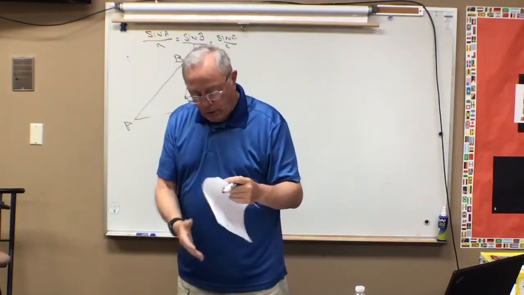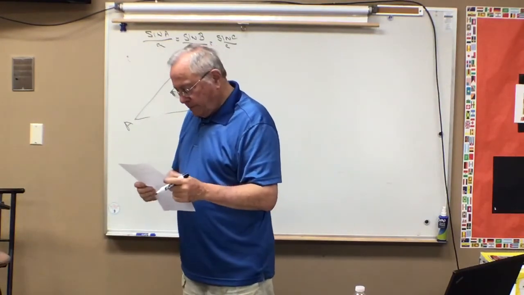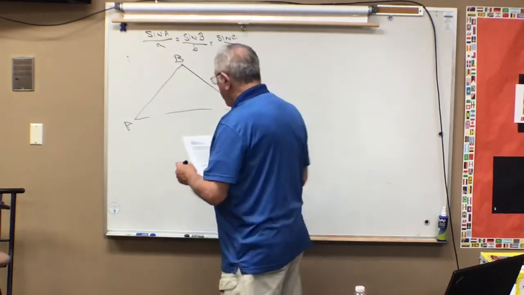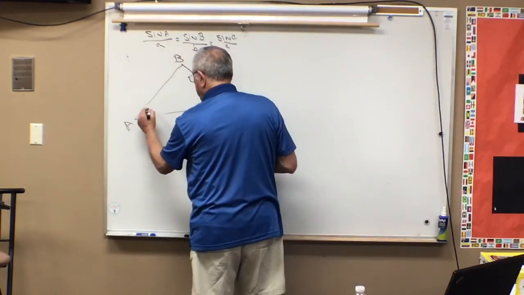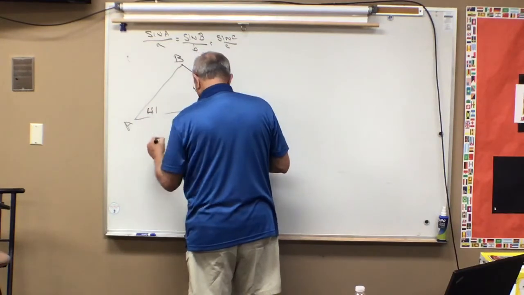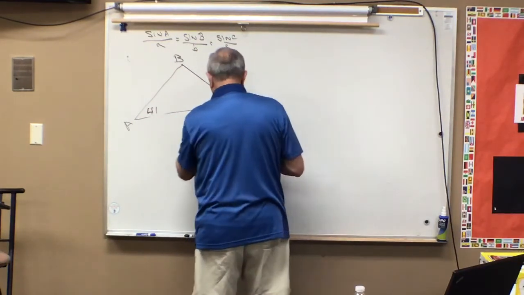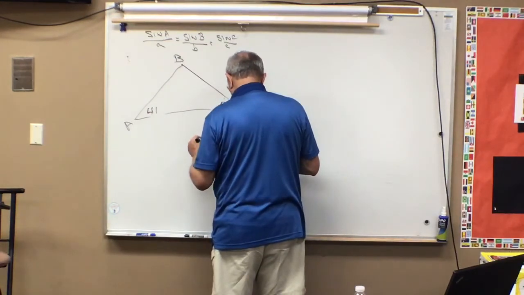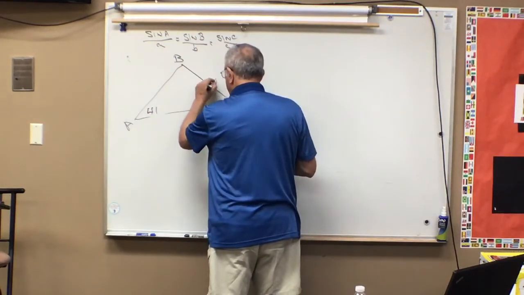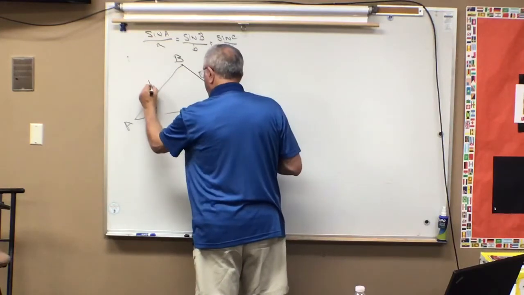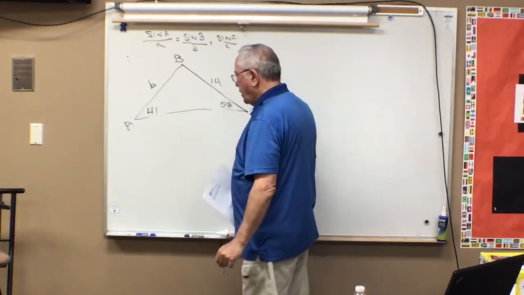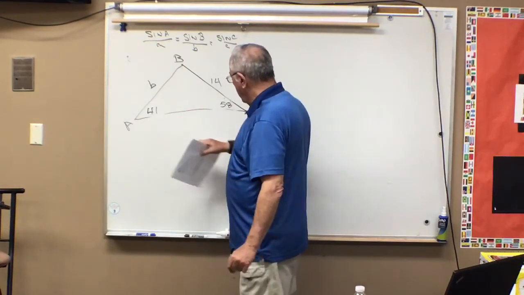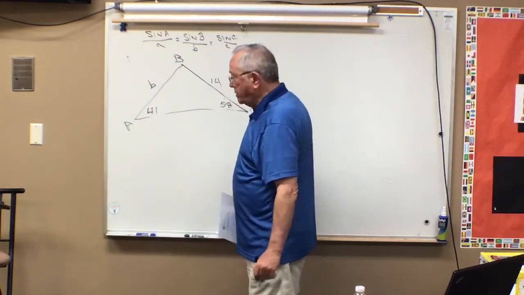They like doing these small numbers. Here we go. All right. A is 41 degrees. B is 58. And a is 14. Find b. We can do it now, can't we? Because I know that we have these two here. It's a pretty simple problem.